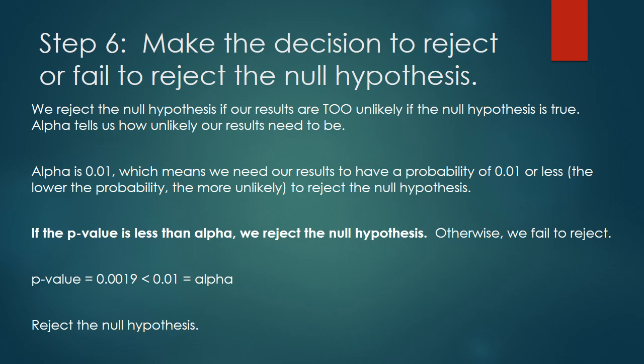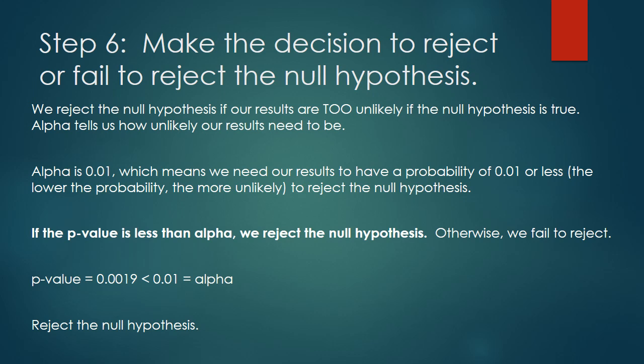Based on our alpha and our p-value, we either reject or fail to reject the null hypothesis. We reject the null hypothesis if our results are too unlikely if the null hypothesis is true. And alpha tells us how unlikely our results need to be. Our alpha is 0.01.